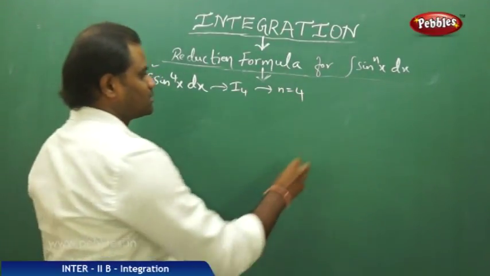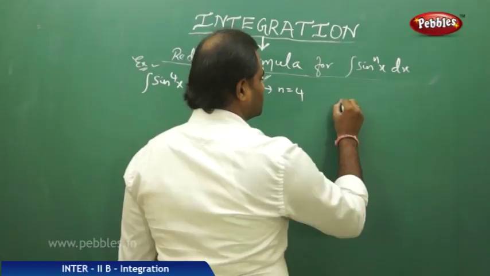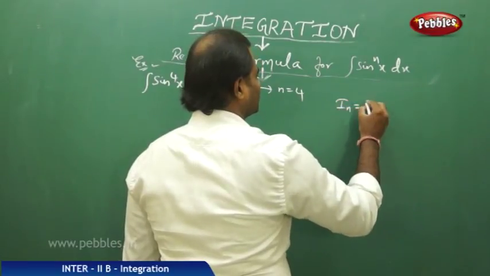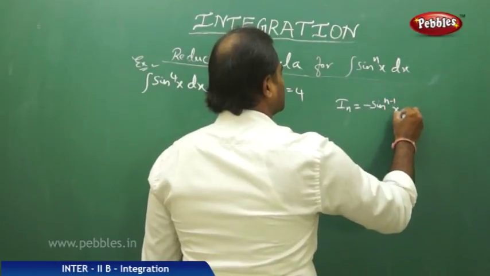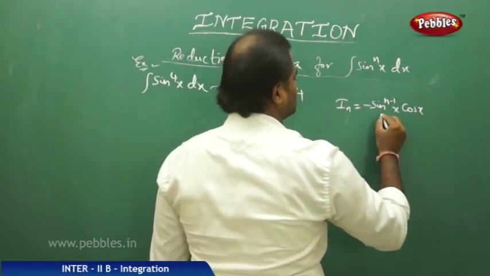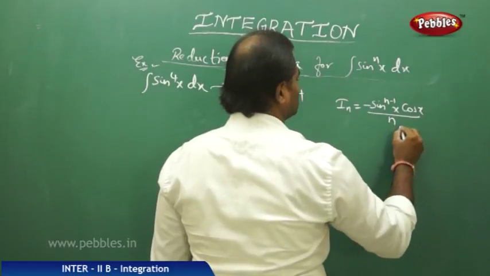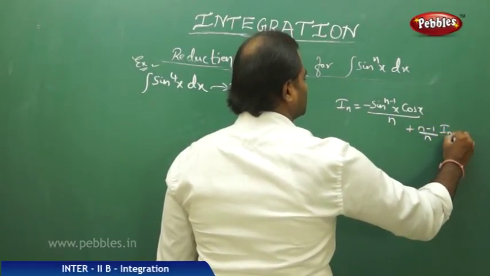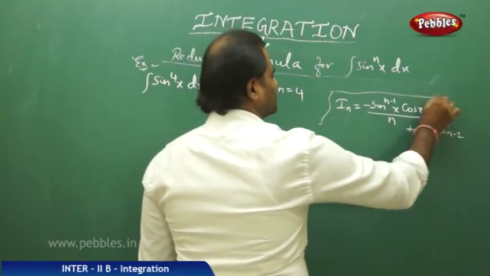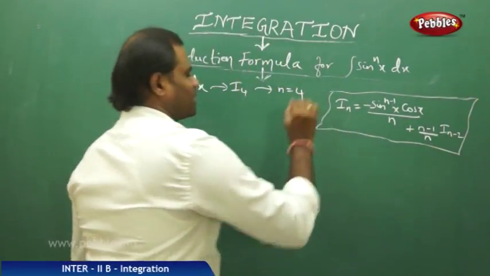Now, as we know, the value of In is given by minus sin^(n-1)x cos x by n plus (n minus 1) by n of I(n-2) as the reduction formula for sin^n x.